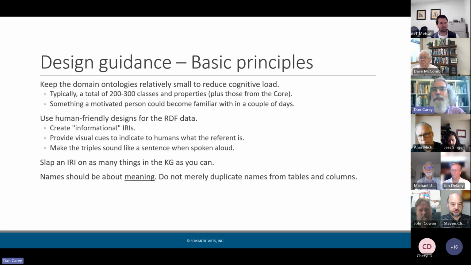And this is a big one. Any of the names that you're using within your knowledge graph should convey the meaning of what it is you're talking about. You do not or should not just grab the column names or the table names from whatever your source relational database is and plop those into your schema.